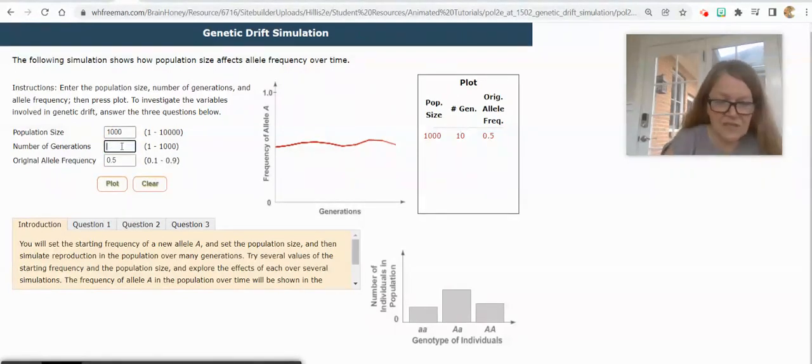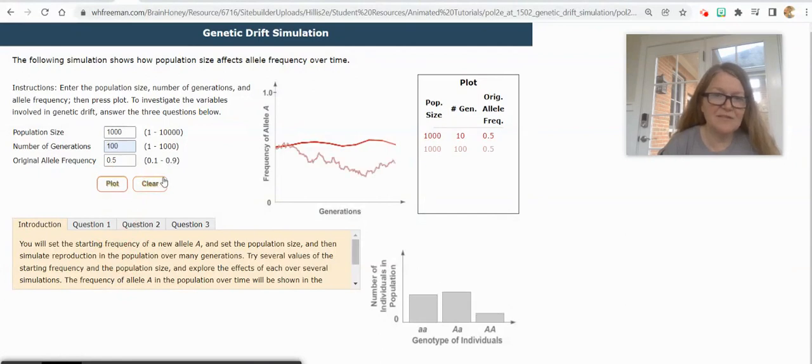If we put in 100 generations, you'll see the same trend. It's going to be relatively stable. Now this is 10 times as many generations, but it's not going to change as much.